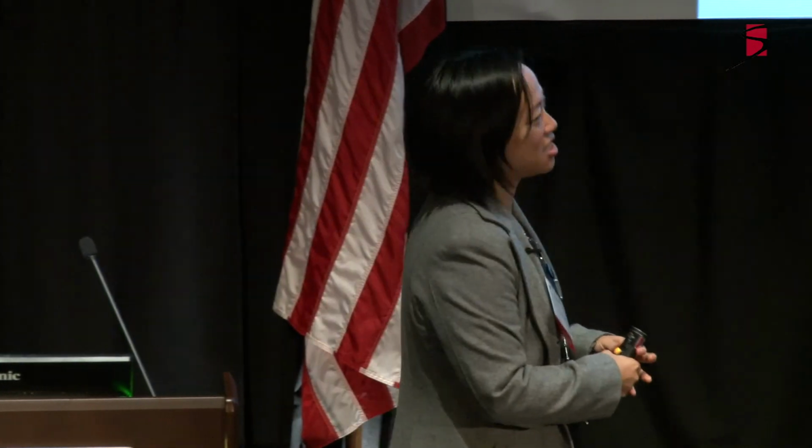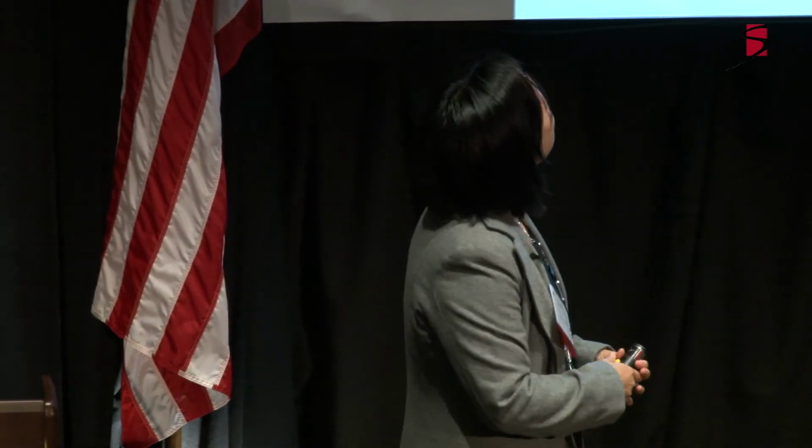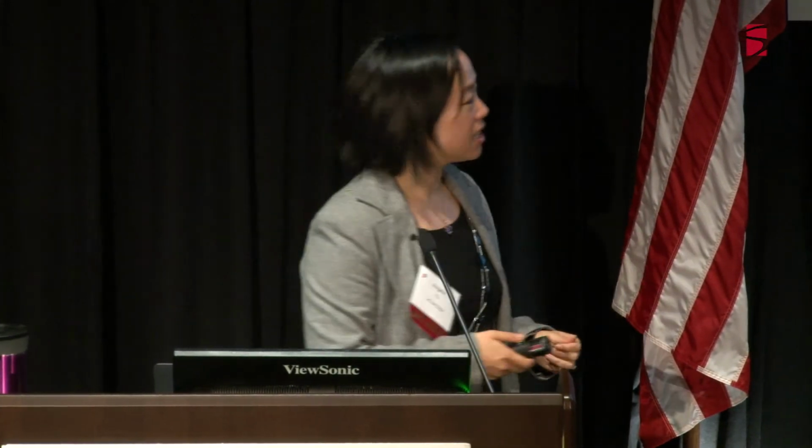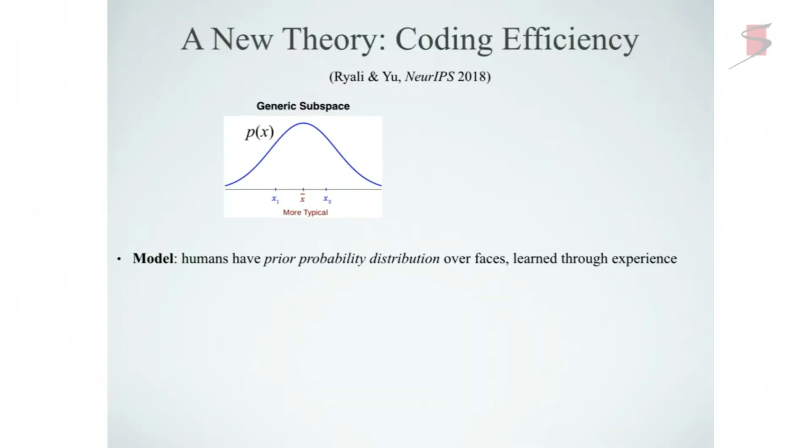So me being a statistical, theoretical neuroscientist, I wanted to come up with a new theory. And so with my student Che Reali, we have been working on this coding efficiency model of why these effects arise. So the idea is that humans have a prior probability distribution over faces, which is learned through experience, which may or may not completely correctly describe the distribution of faces in the world.